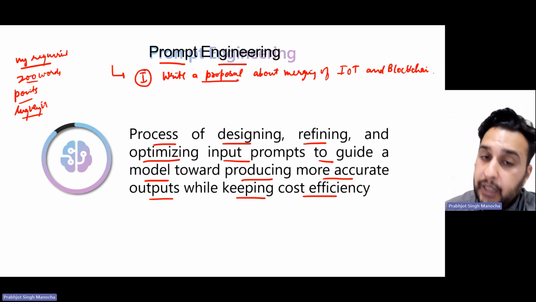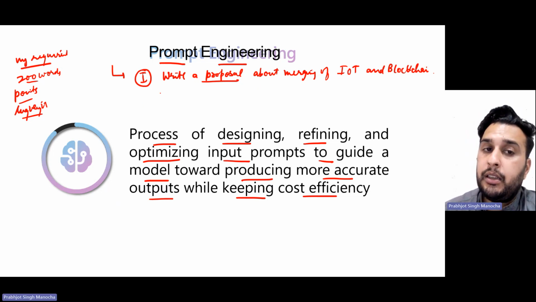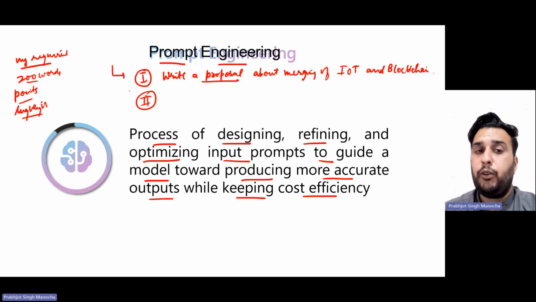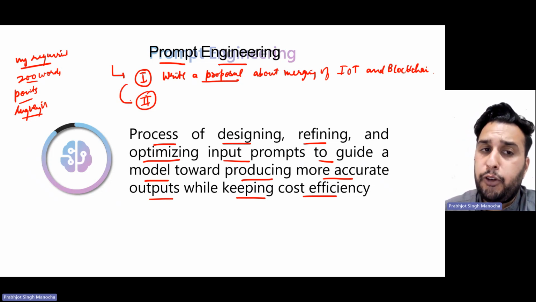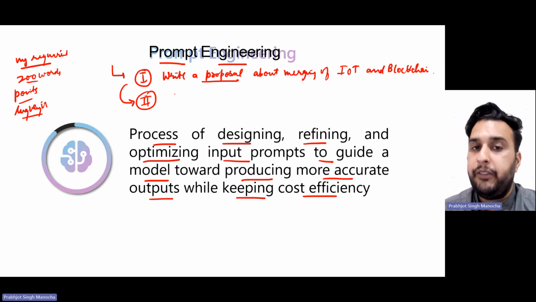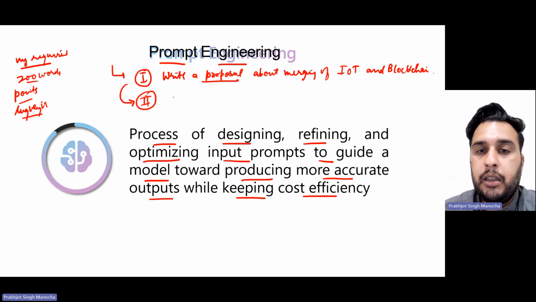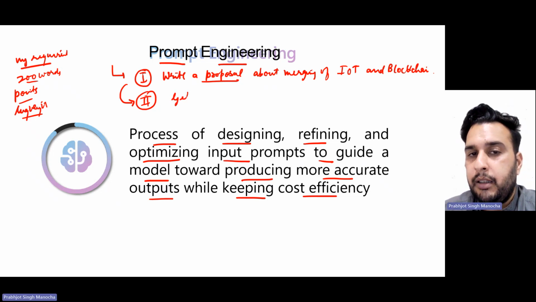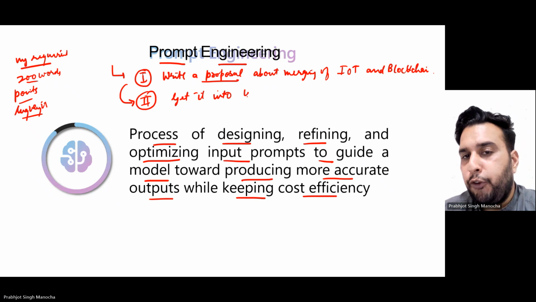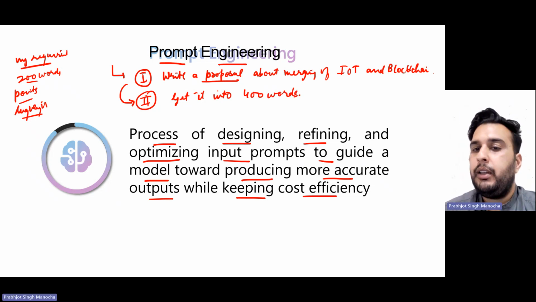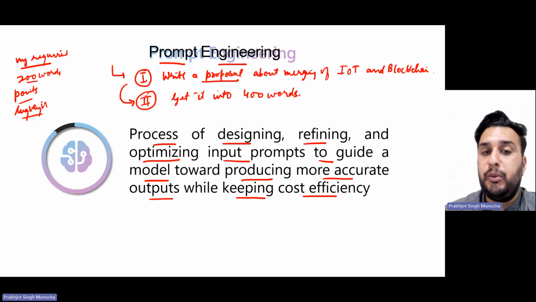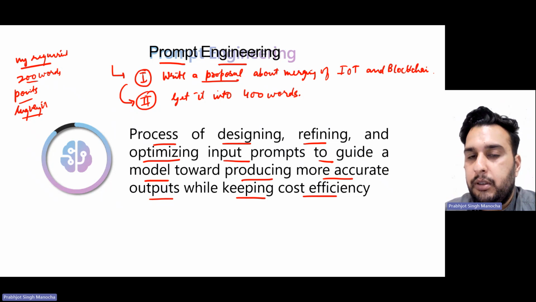So that's where the process of designing and refining comes in. That means it can take the first input and generate the data, and from that, it can also refine its own previous output. Like I'll say, you have written the proposal about merging of IoT and blockchain, get it into 400 words. So defining and then optimizing the input prompts to guide a model towards producing more accurate outputs while keeping cost efficiency, right? So prompt engineering is very, very important.